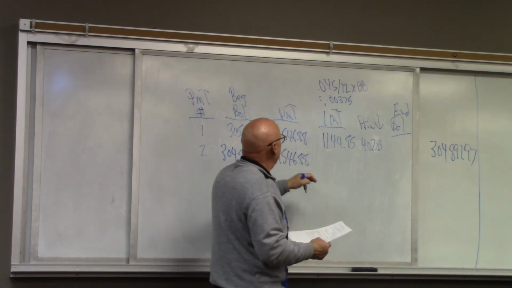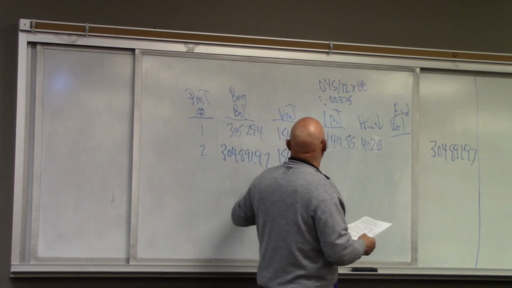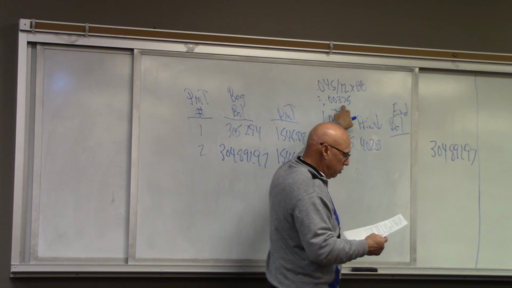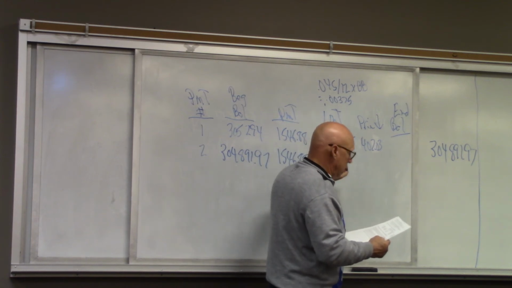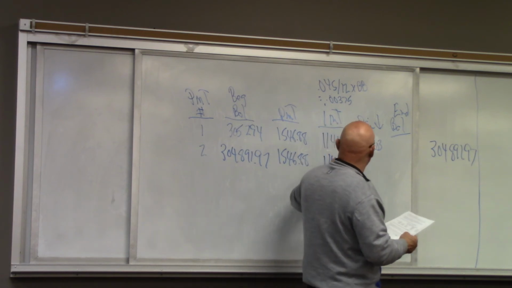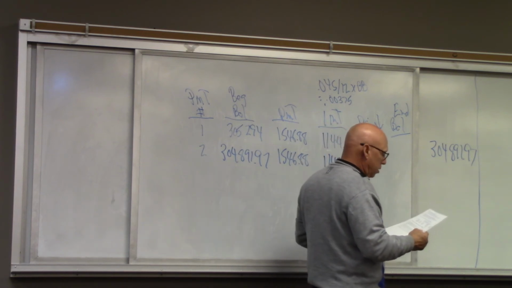Okay, that goes here. 304,891.97. And so now we have 304,891.97 times 0.00375, and you get 1143.34. So that's how much interest you're paying in the second month.